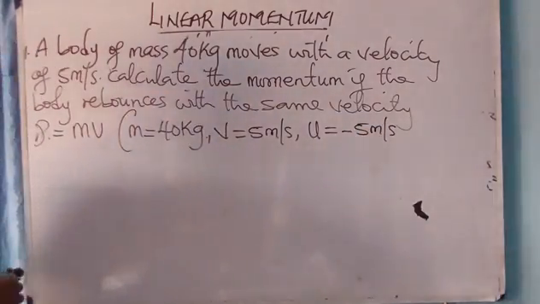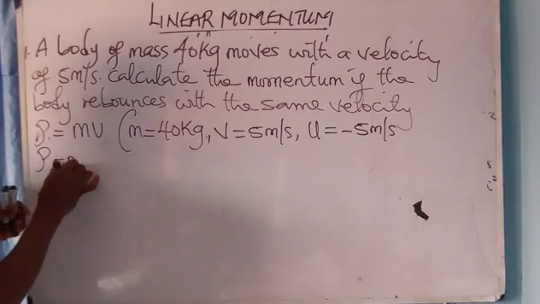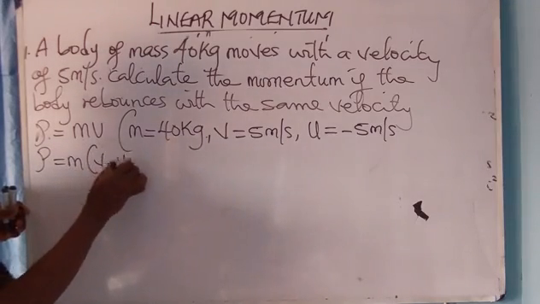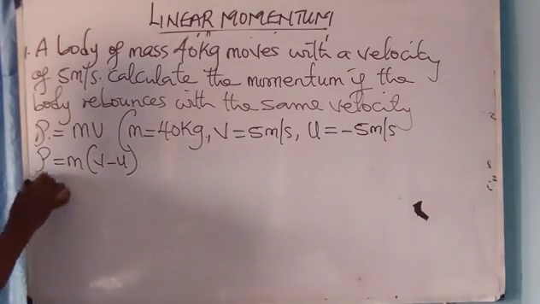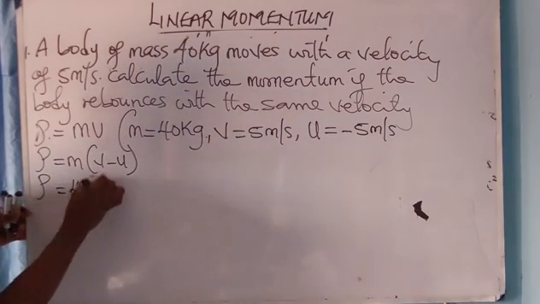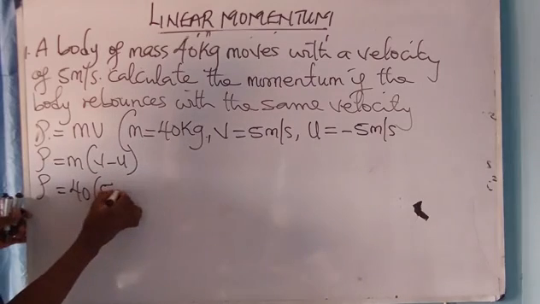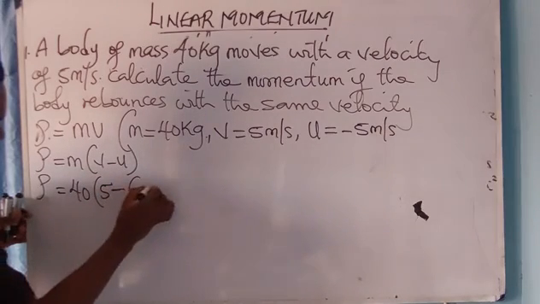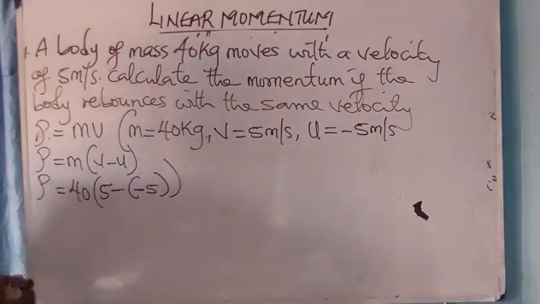So momentum is equal to m open bracket v minus u. Mass is 40, open bracket, v is 5, then minus open bracket minus 5.